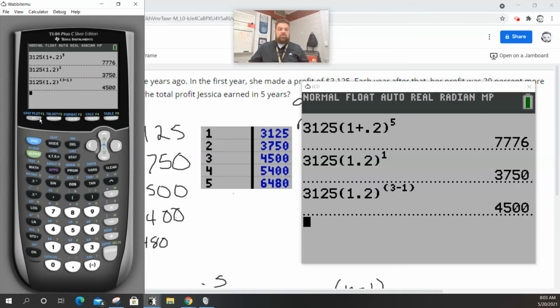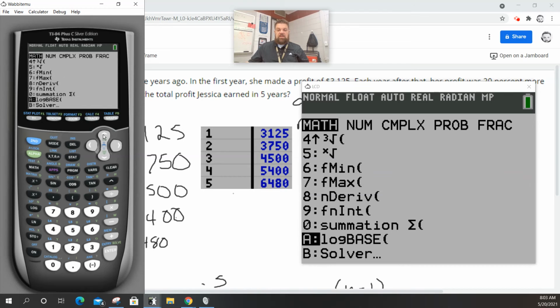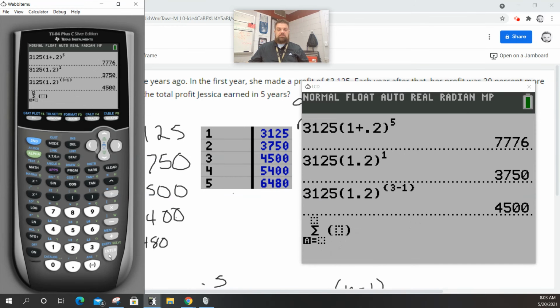We can get to the summation formula by hitting math, and see where it says summation there. I'm going to hit X because there's an X button right here, and it's real easy to do. I'm going to go from 1 to 5, and then plug in my explicit formula times 1.2 raised to the X minus 1.